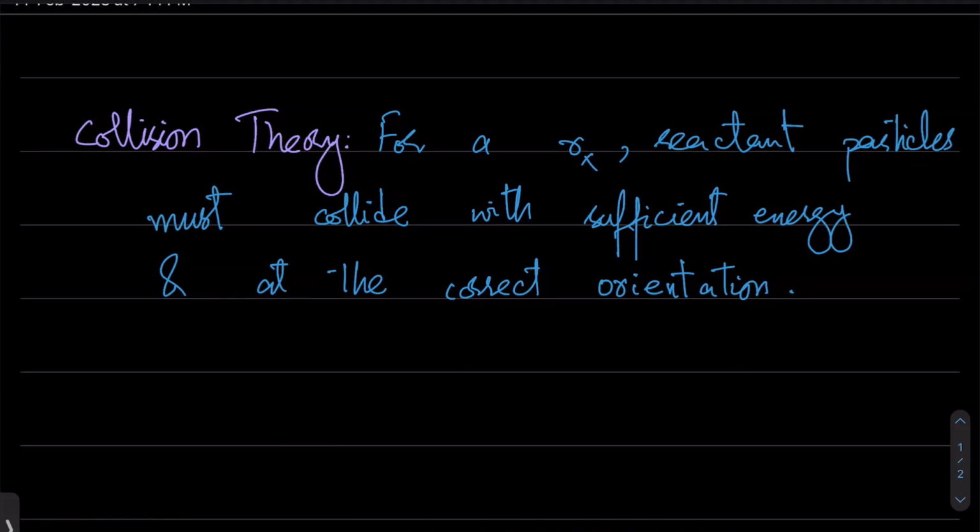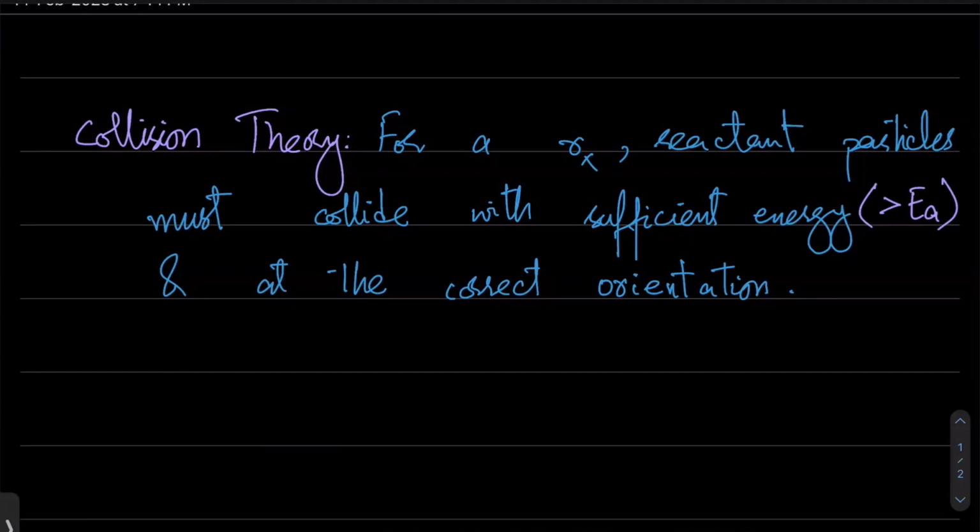at the correct angles. Second, they must collide with enough speed so that they are able to overcome the barrier. What is that barrier? The barrier is activation energy. So their energy must be greater than activation energy so that they can go over that and collide with the right reaction.